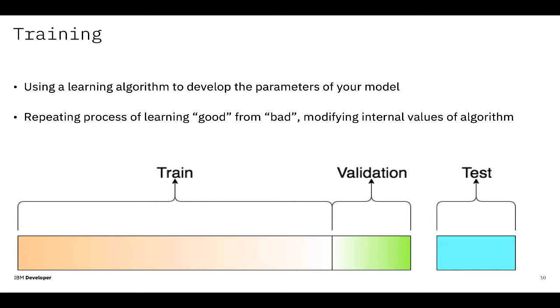Well, training essentially refers to using a learning algorithm to develop the parameters of your model. While there are many algorithms to do this, in layman's terms, if you're training a model to tell good from bad, you'll be showing the algorithm a set of data saying this data is good, then showing the algorithm a second set of data saying this data is bad, this data is good, and you'll be repeating this process many, many times until the algorithm has modified its internal values and it's learned to tell the good from the bad.